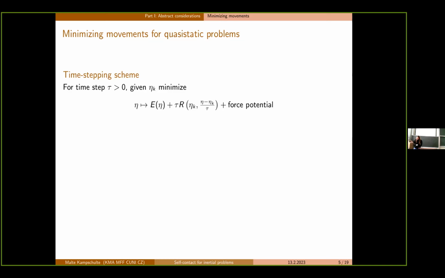The quasi-static problem is we do this time-stepping scheme, which is rather similar, so I can explain it in one slide. So for a given step size, a given configuration, we find the next configuration by minimizing this function. So you minimize the energy plus some correctly scaled dissipation, and the forces we don't care about yet.